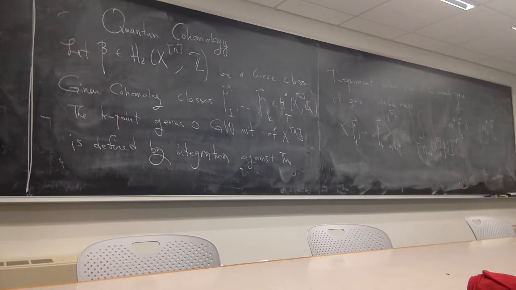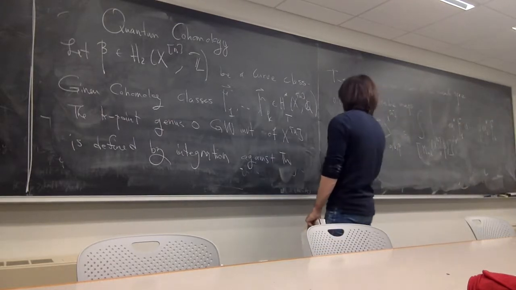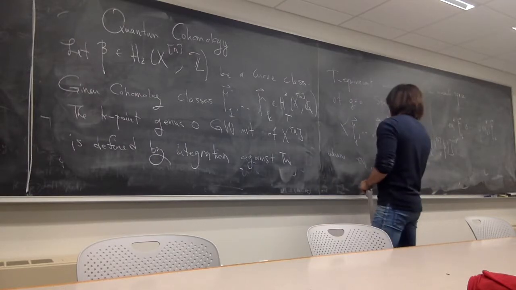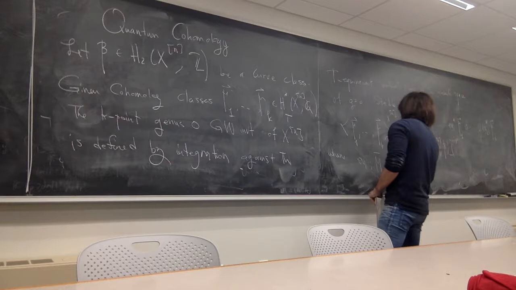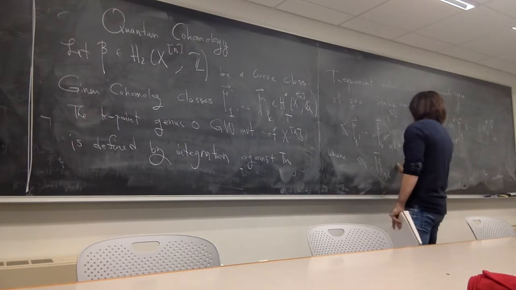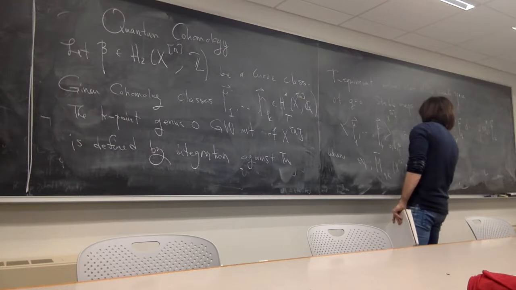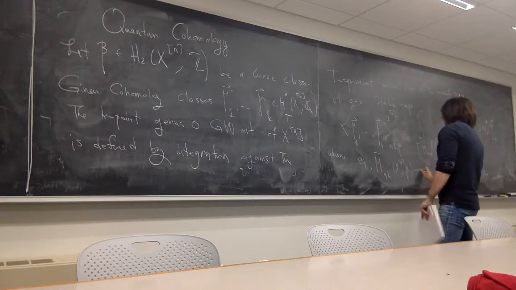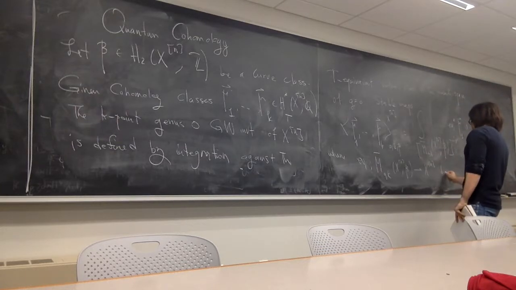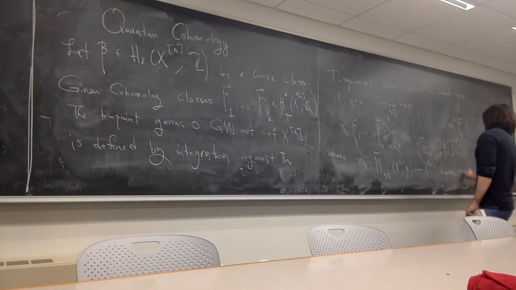That's the Gromov-Witten integral for the Hilbert scheme, where evaluation EV_i from the compactified moduli space Xn beta onto the Hilbert scheme denotes evaluation.